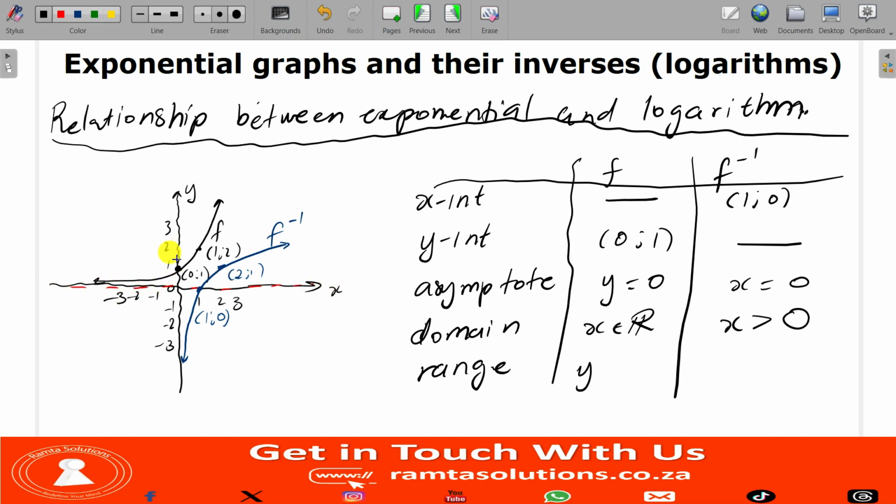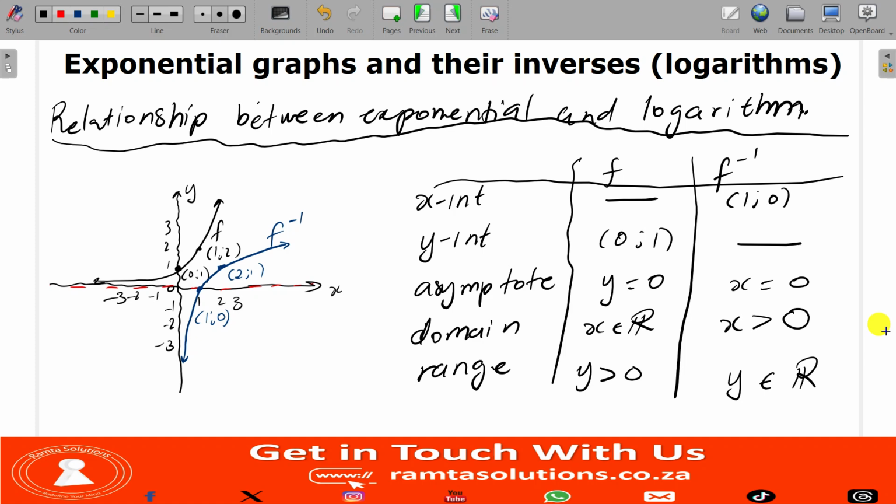It allows all y values except those that are equal to 0 and below. So y is greater than 0. What about the range of the inverse? It allows all y values. So y is an element of real numbers.